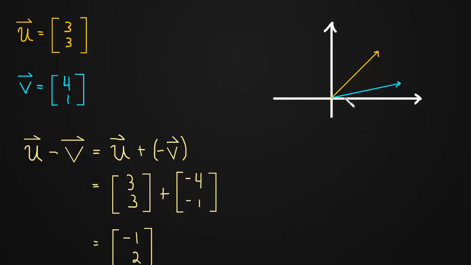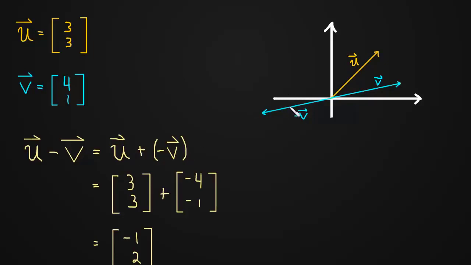So now let's take a look at that on a graph. Here we have v in blue and u in orange. And now we can graph -v. So it's just v, but pointing in the opposite direction. So there's -v. And now to do this subtraction, we're really just doing u plus -v.